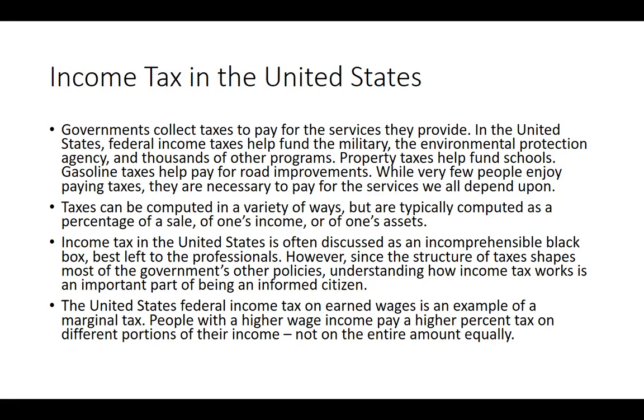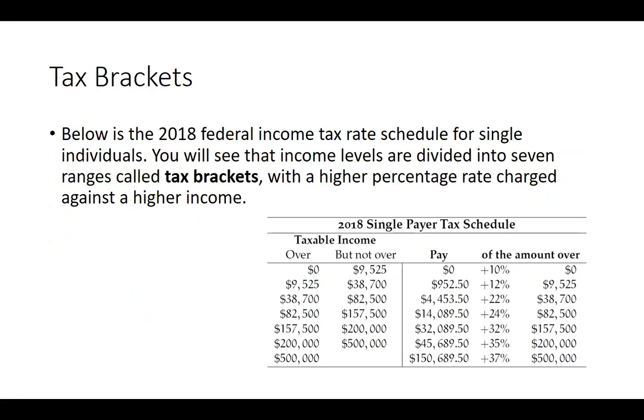This is quite misunderstood by many people in the population. People think that when you're in a higher tax bracket, you're paying that higher amount on the entire wage. But that's simply not how it works. We have tax brackets, and this is how they work.